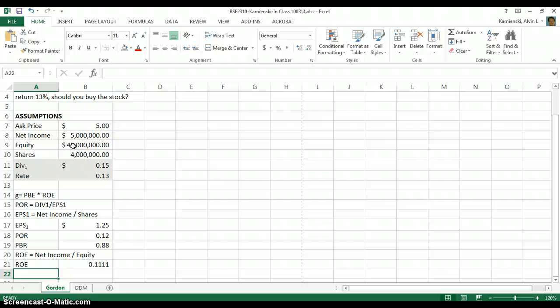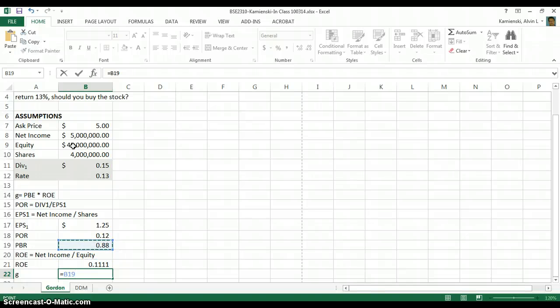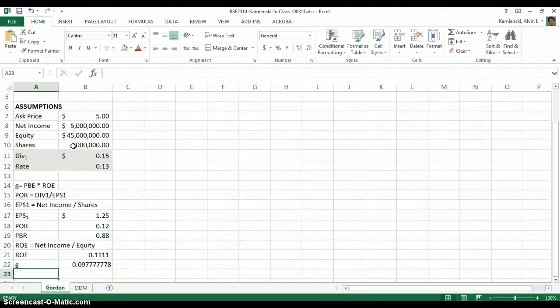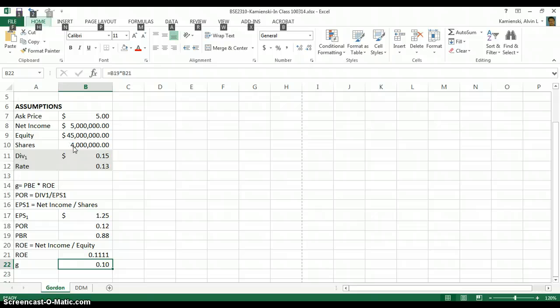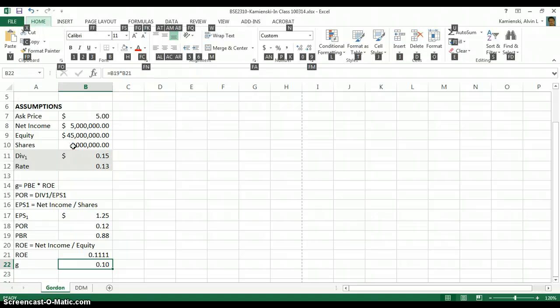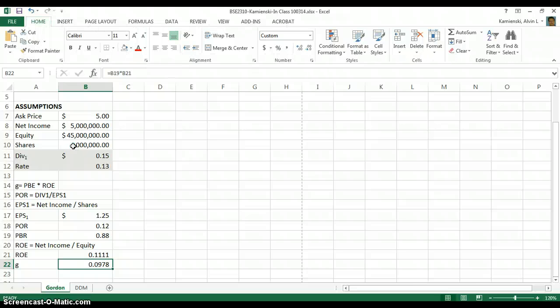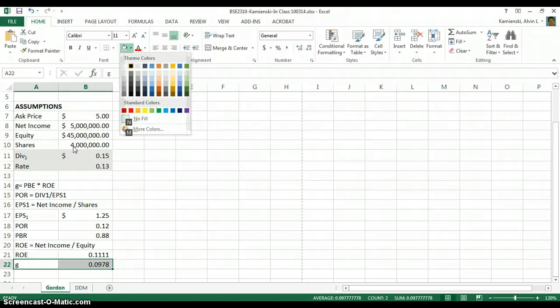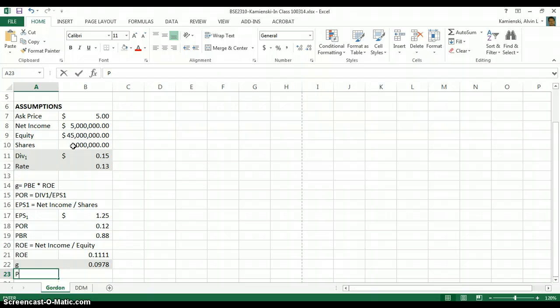This has all enabled us to go and find G. So if G is equal to plowback times return on equity, we now believe that this company should be able to grow at about 9.8% or so.